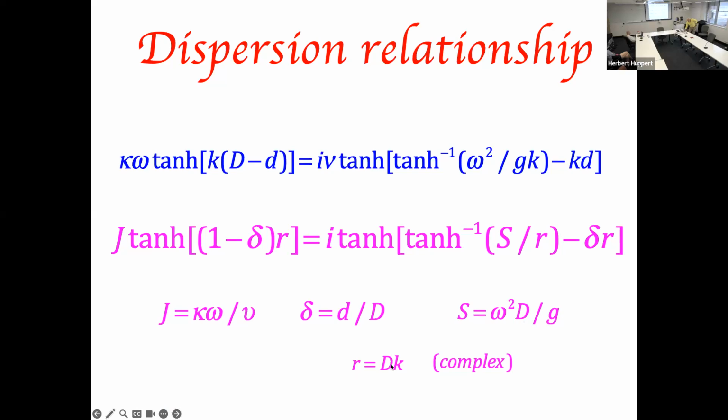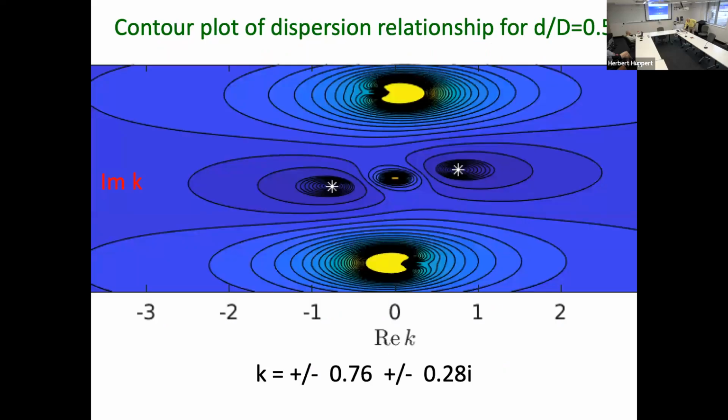But we're going to find that the solutions here for R, the non-dimensional, oh, I don't have it here. R is non-dimensional by d. Oh, I do have it here. R is dk, and it is going to be complex, i.e. there's going to be some change as the wave propagates.